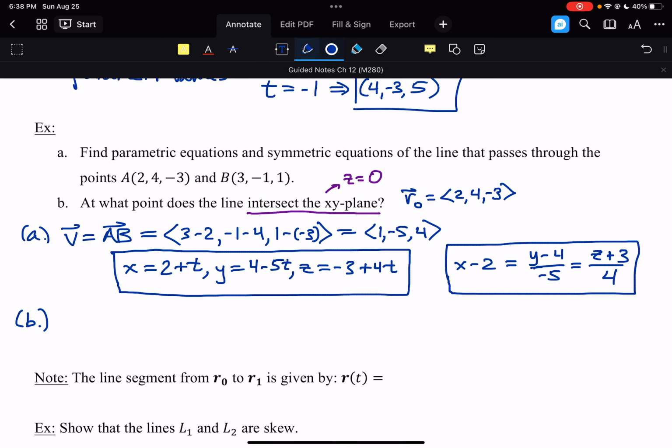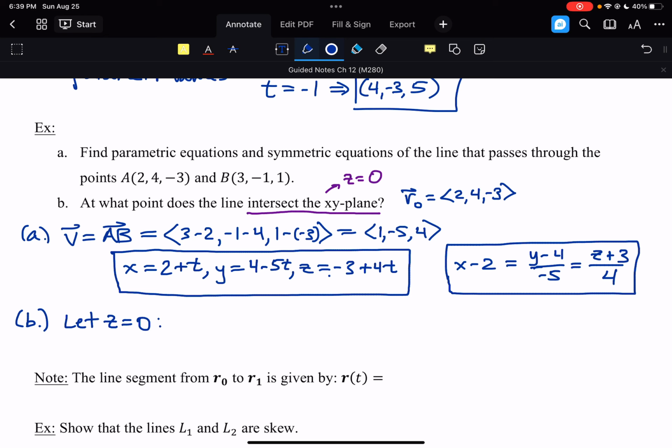That is what they all have in common. So really, this is just asking us, let z be equal to 0. And then from here, we can solve to find x and y, and that'll give us the point in question.